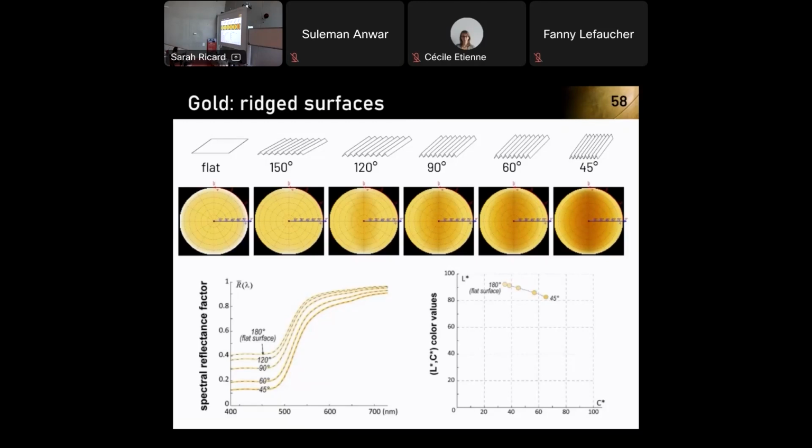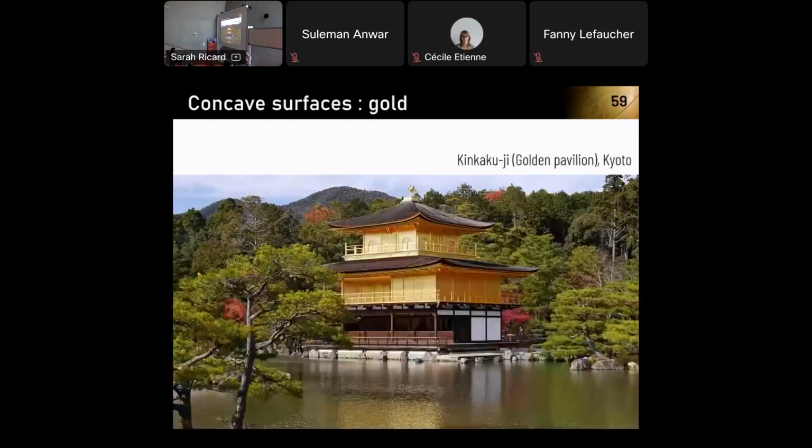But if we have deep cavities, we see that at normal incidence, the gold looks orange. So it is explained by the fact that the light is reflected more times. So the reflectance decreases here. And in terms of color, flat is pale yellow and becomes a little darker, more saturated, and more orange.